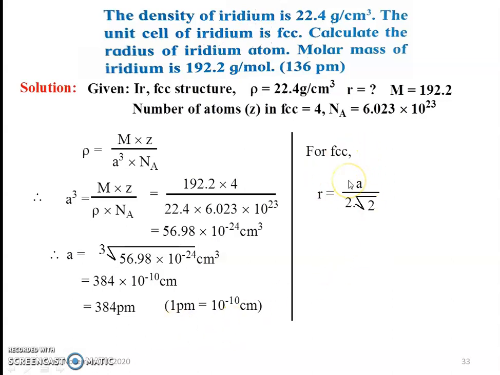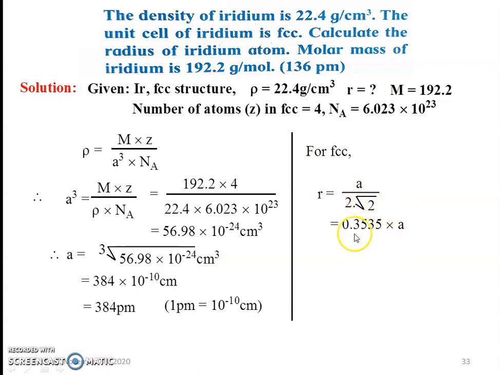Now for face centered cubic structure, radius r is equal to a upon 2 into root 2. We know the value of a now. Actually, 1 upon 2 into root 2 is equal to 0.3535.